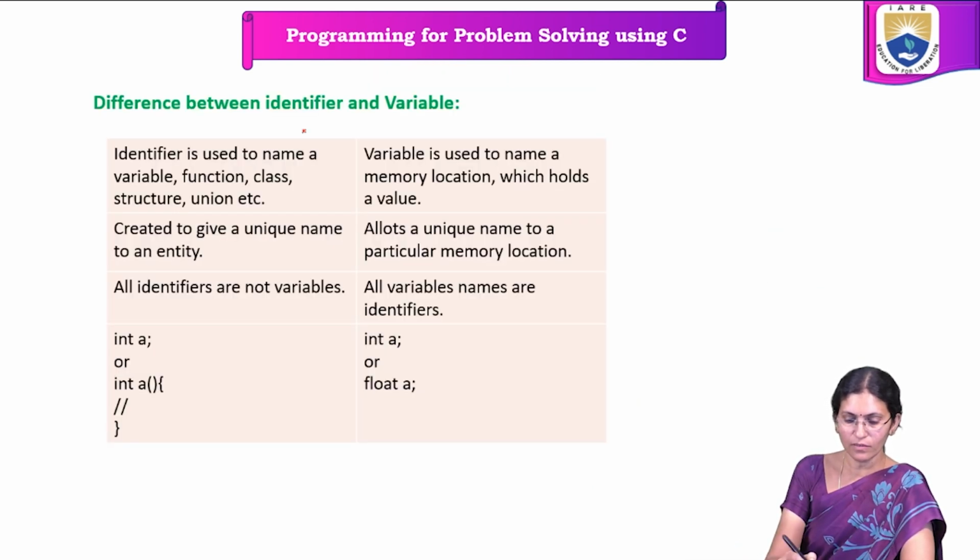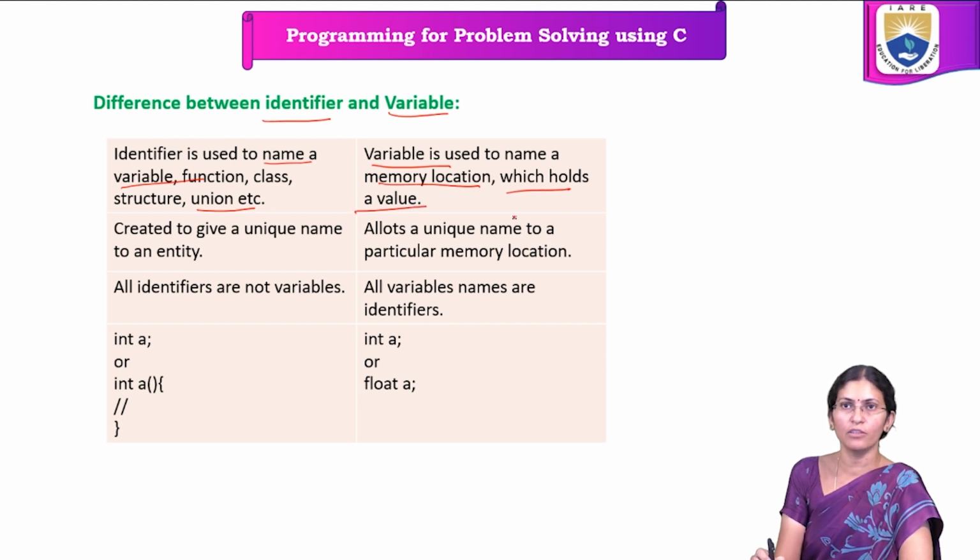Now let us see. We have used the terms identifier and variable. Let us see the difference between identifier and variable. An identifier is nothing but the name given to a variable, function, class, structure, union, etc. Whereas a variable is the name given to a memory location which holds a particular value, and that value can be changed during the execution of the program.